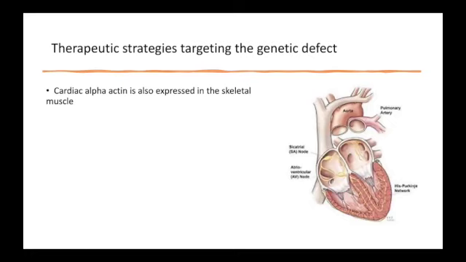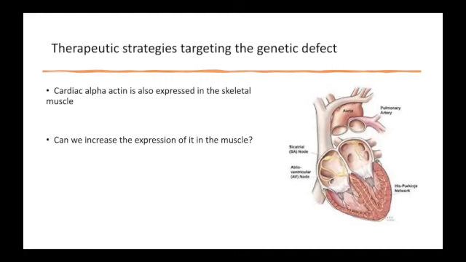But in the third trimester, that changes into the skeletal muscle actin. So what if, in the adult after birth, we can upregulate the cardiac alpha-actin to improve the clinical picture? And that's something that has been under research.